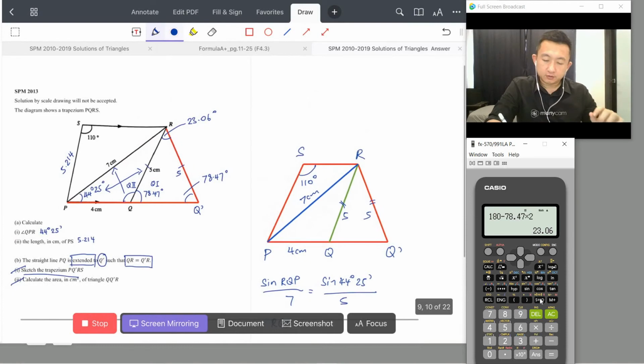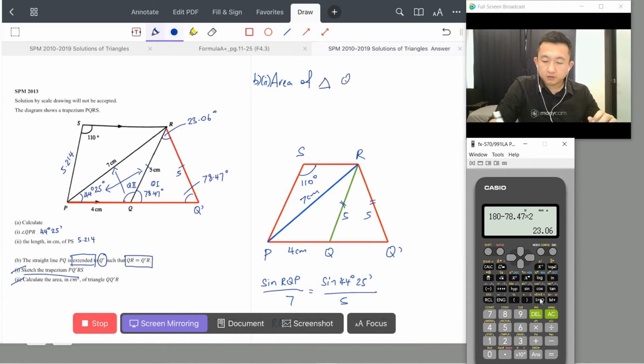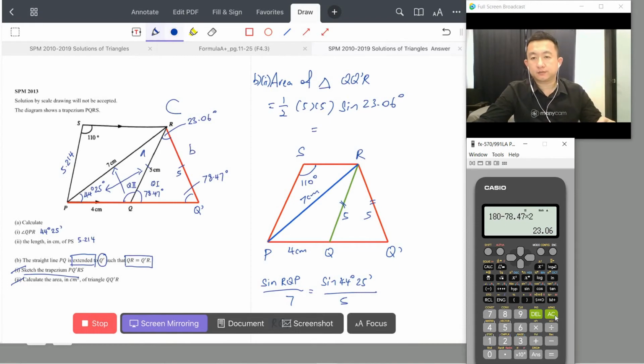So area of triangle Q prime R equals 1 over 2 ab sine C. This is a, this is b, this is angle C. So 0.5 multiplied by 5 times 5 multiplied by sine 23.06.